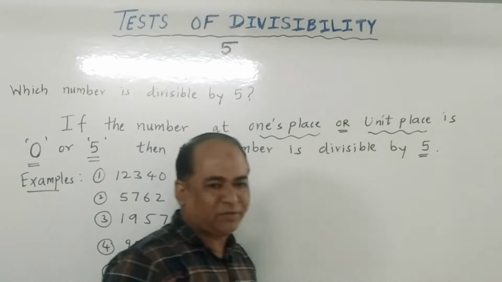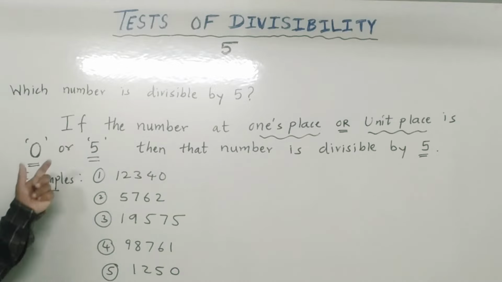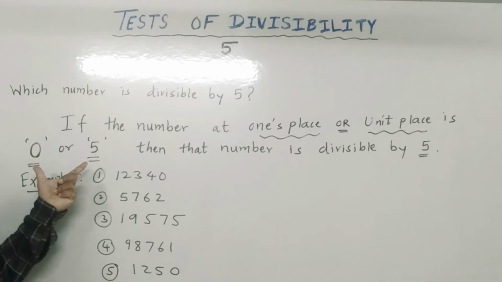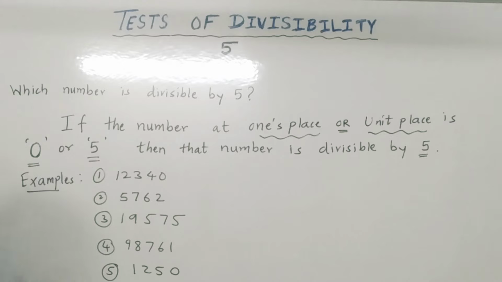If you divide that number by 5, then the remainder will be 0. So how to identify the number is divisible by 5? If the digit at the unit place or last digit of a number is 0 or 5.